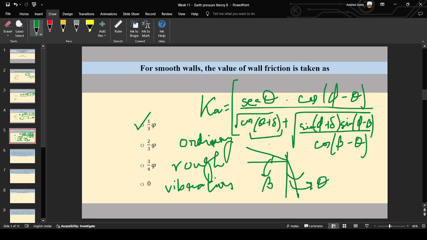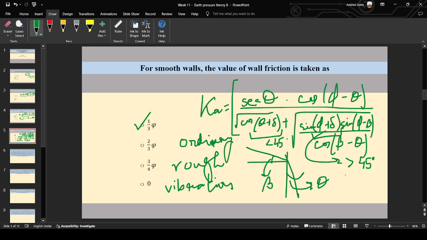So this part is generally less than 45 degrees, for which the value of cos is high. However, phi is more than theta, and phi plus del is generally more than 45 degrees, for which the value of sine is more. So in this equation for the coefficient of active earth pressure, the denominator increases because of the addition of del, so the overall value of Ka reduces.